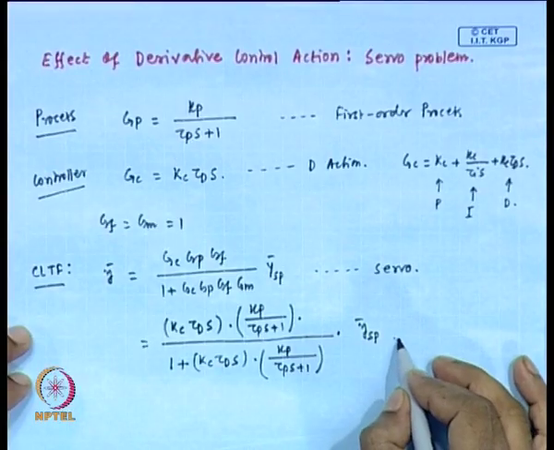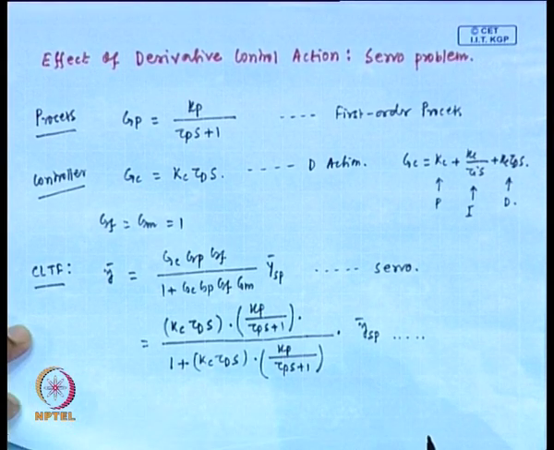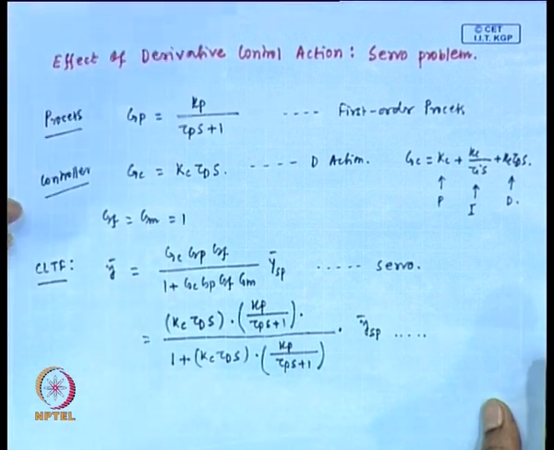This is the closed loop transfer function we obtain substituting all individual transfer functions.